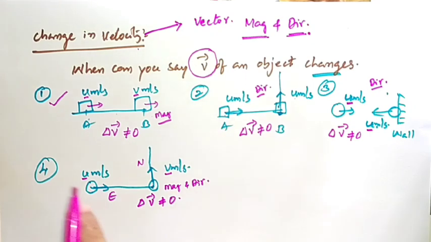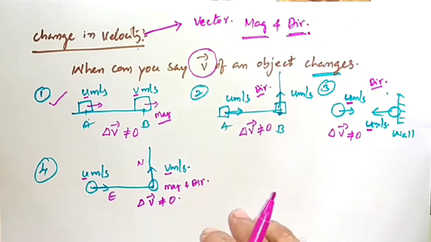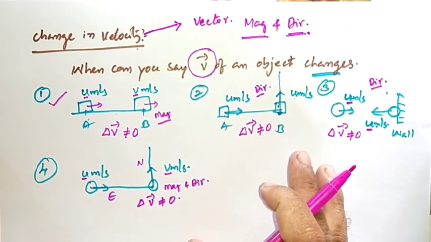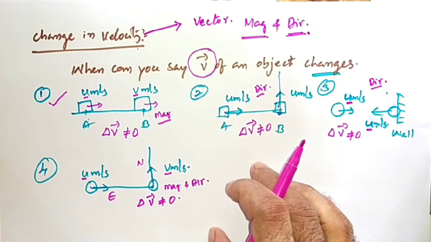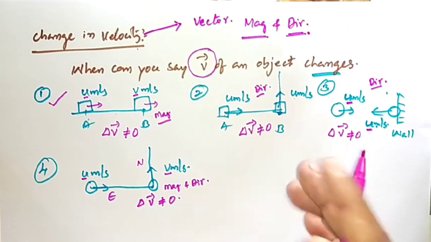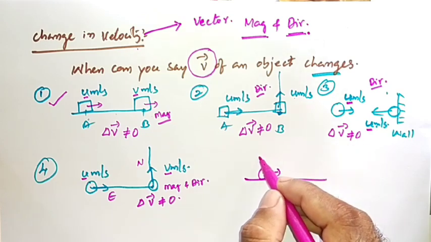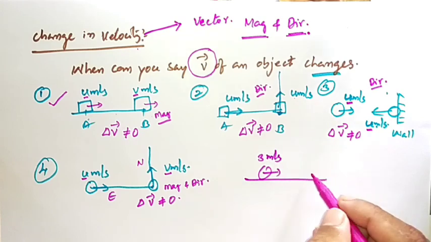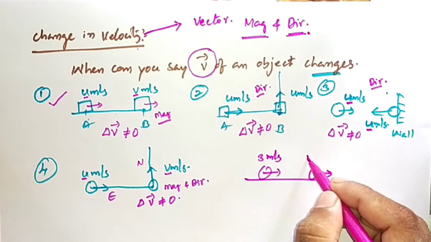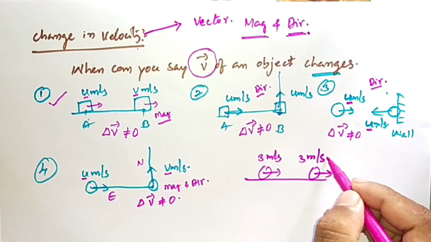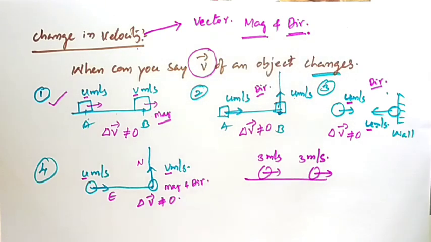Got it? That means in these 4 cases there is change in velocity. I think you got clarity on this. When can you say velocity is changing? Okay, now you see an example. This is a body moving with 3 meter per second and after some time also it is 3 meter per second. In this case, what is the change in velocity? Is it 0 or not 0?